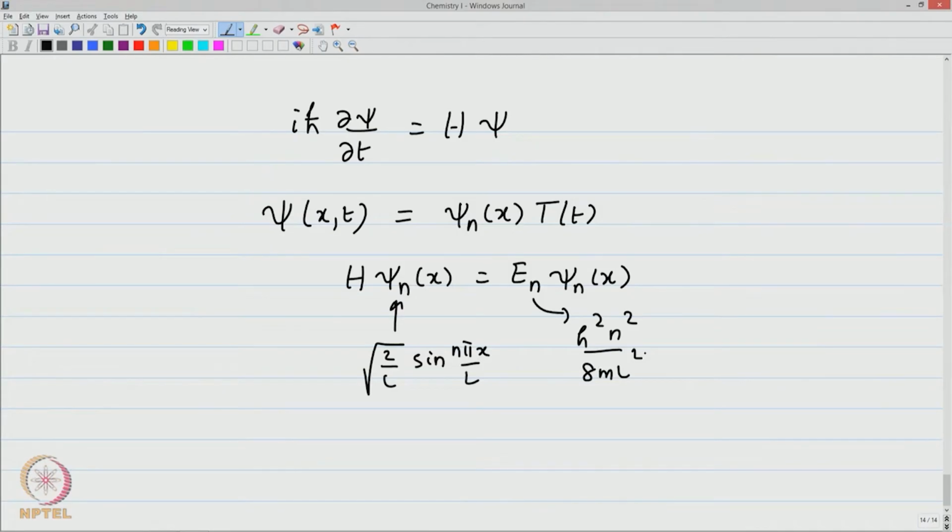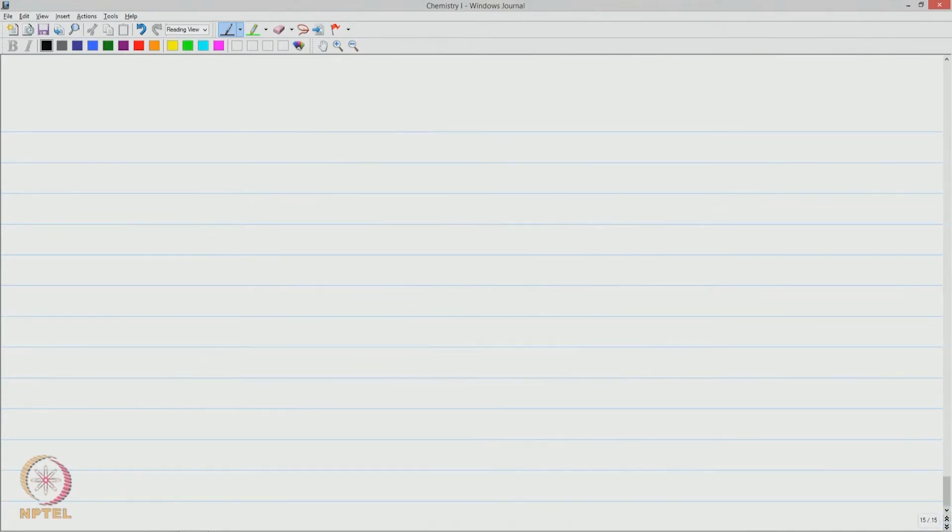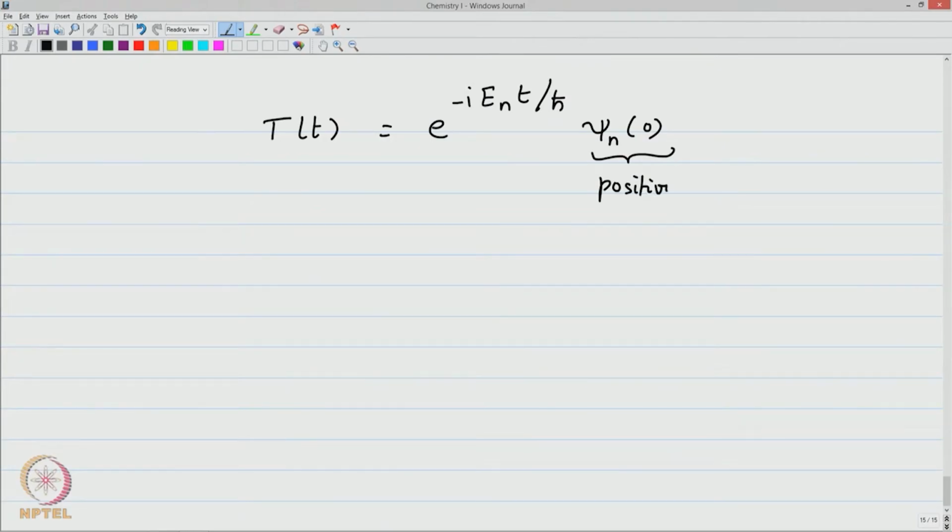So, what is T of t? It is also very simple. T of t is exponential of minus i E n t by h bar times psi n of 0. So, this is the position dependent wave function that you have, and this is the exponential factor.